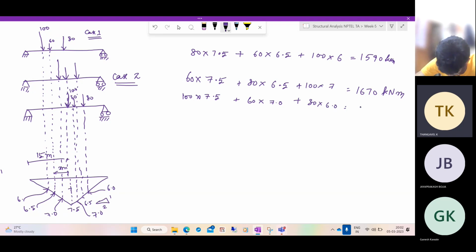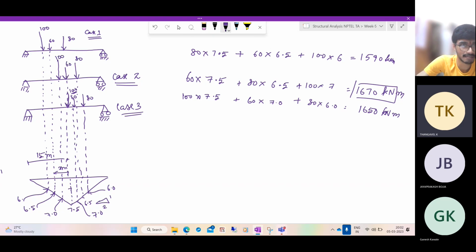So how much is that? We get 1650 kilonewton meters. So out of these three, this is the maximum. So you see that although this is the case where we have the largest load at the center, it is not the case that generates the maximum bending moment.